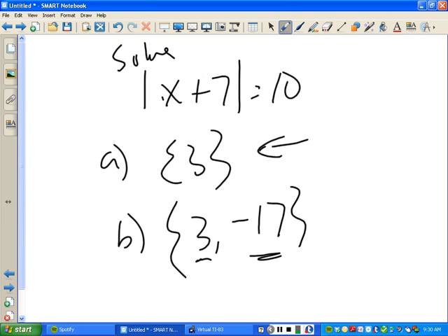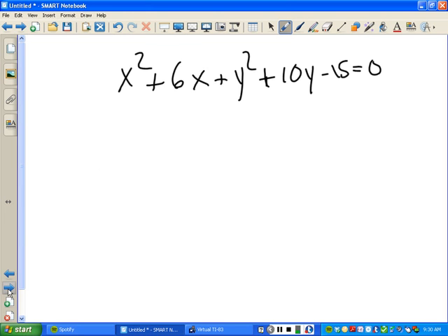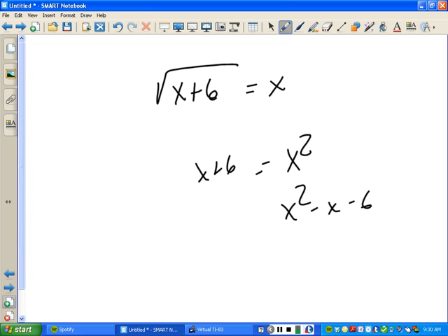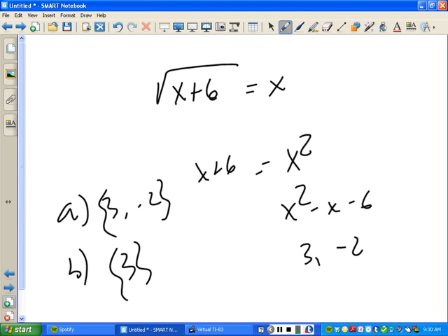Okay? Now, if you get, say, for example, a problem like this, where you get x squared and x plus 6, and then you get two answers, and you get 3 and negative 2, and then you look at the choices and you see 3, negative 2, and then you see just 3, this should be scary to you.